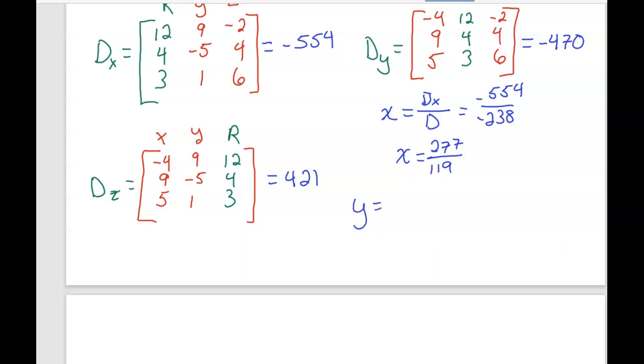You'll do the same thing with the y, except you'll use dy divided by d, and that's a negative 470 divided by a negative 238. And that can be simplified into 235 divided by 119.